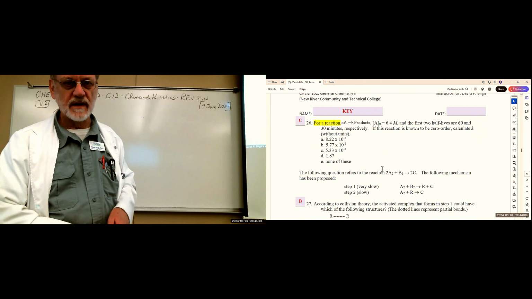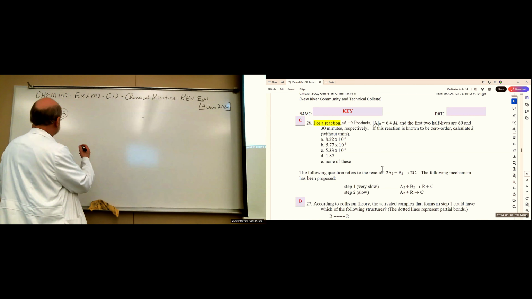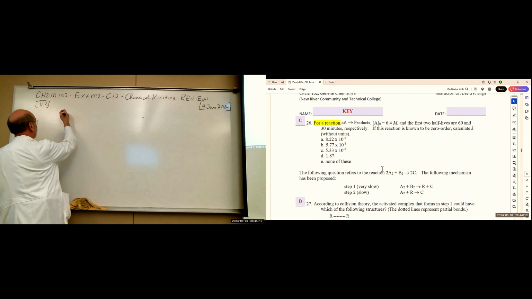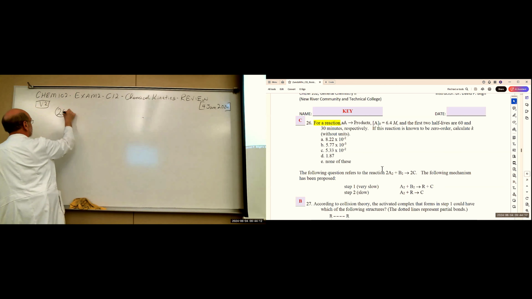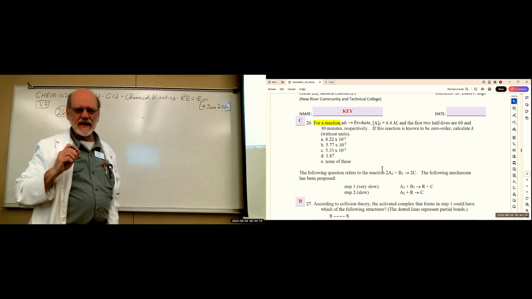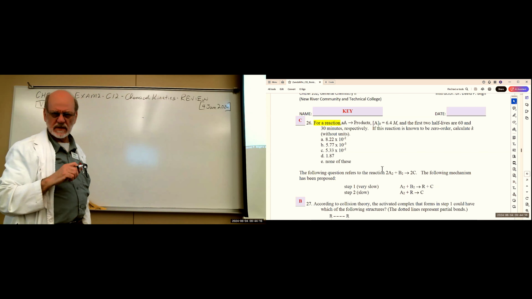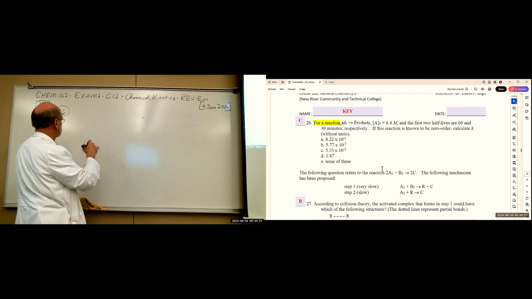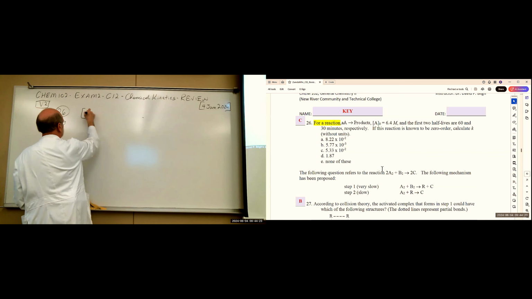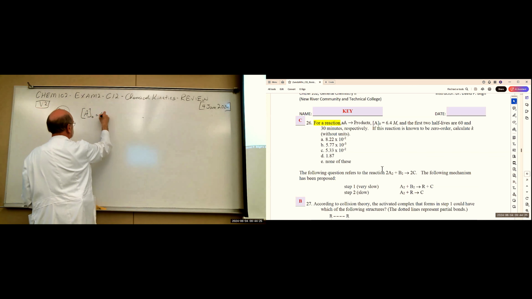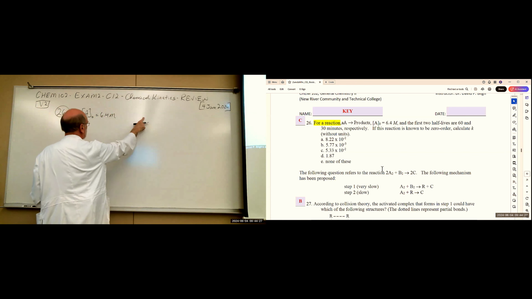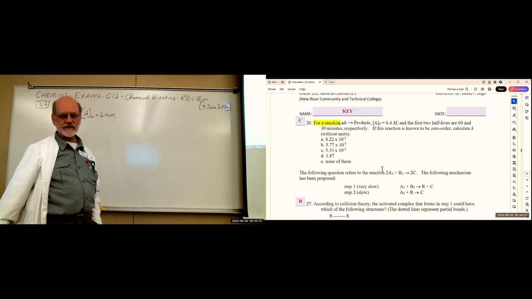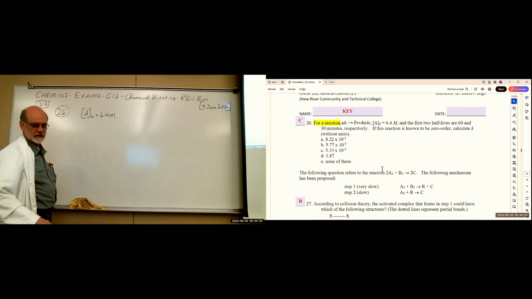All right. So let's see, 26. For this reaction, A yields products, A0 is 6.4 molar. And the first 2 half-lives are 60 and 30 minutes respectively.